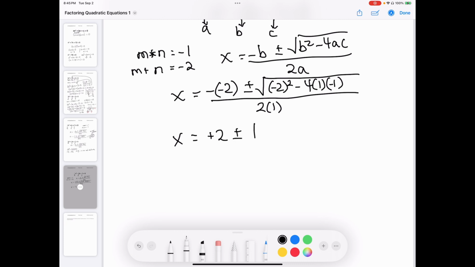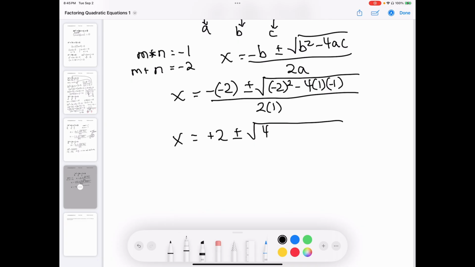Plus or minus square root of a negative value raised to an even exponent comes out to be positive, and 2 squared is just 4. So this is going to be +4. And now for the second term, we have -4 times +1, which will just give us -4 again, and then you have -4 times -1.